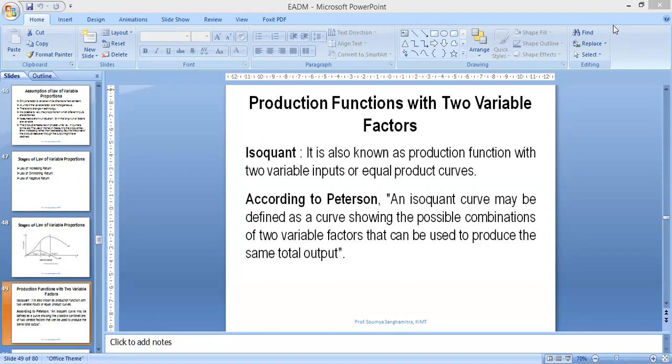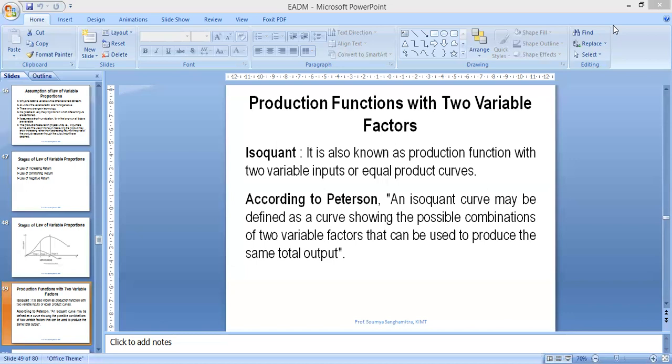as a curve showing the possible combination of two variable factors that can be used to produce the same total output. An isoquant represents all those combinations of inputs which are capable of producing the same level of output. Isoquants are also called equal product or isoproduct curves.